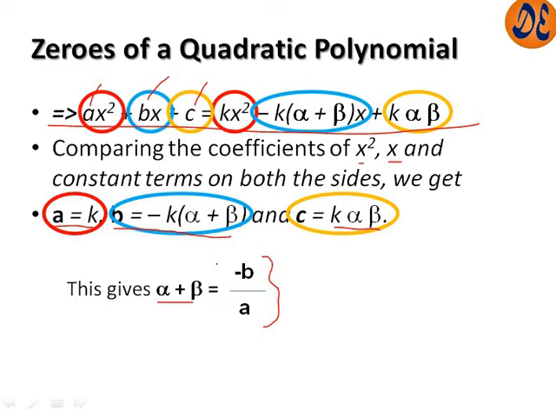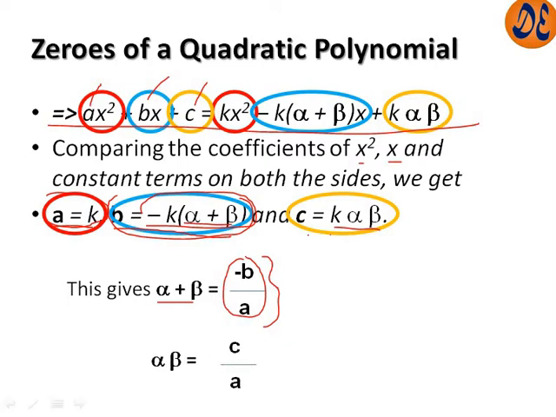Taking this one, alpha plus beta is equal to b by minus k, and again we replace the value of k with a, so we are getting alpha plus beta is equal to minus b by a.